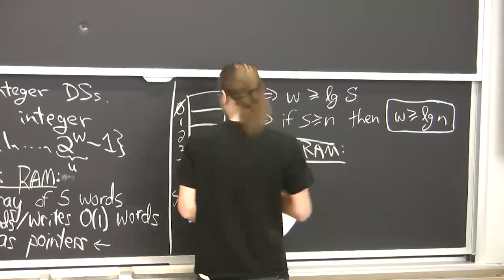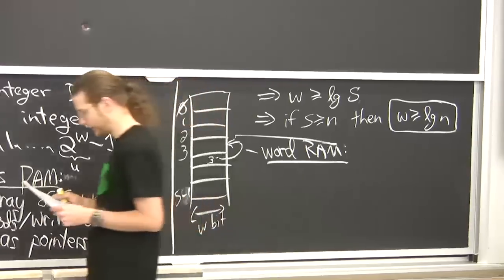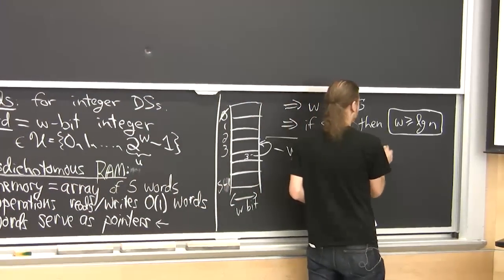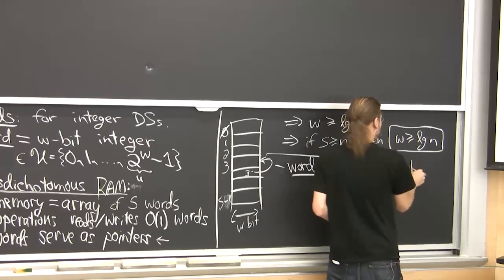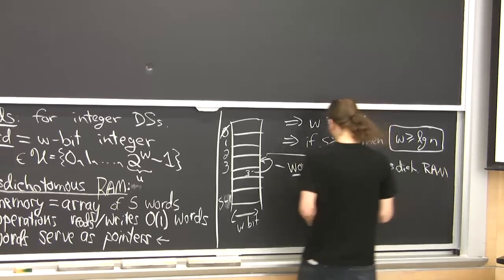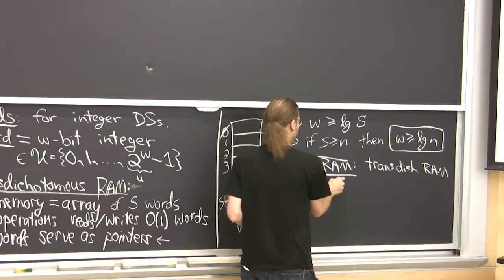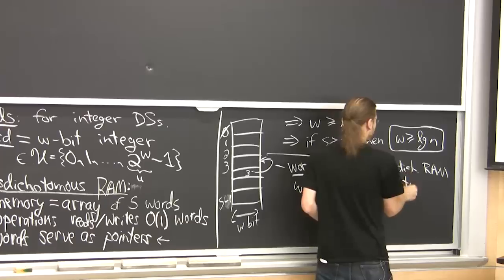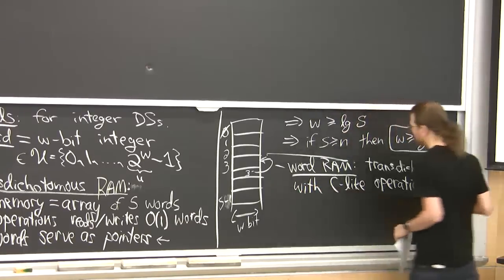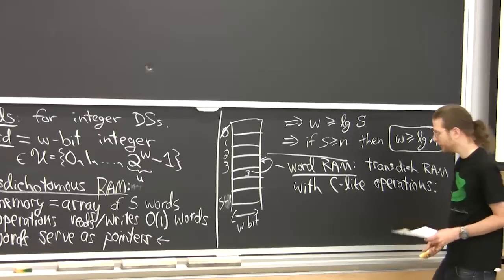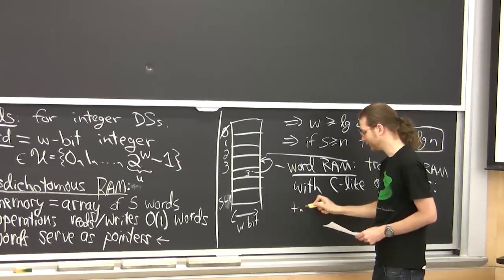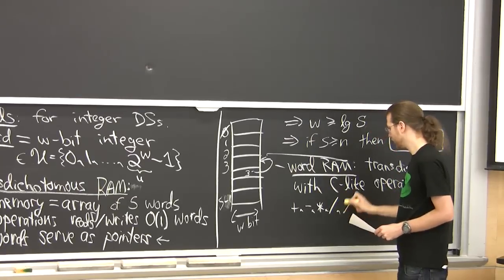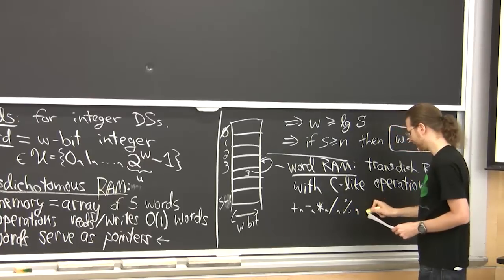That's the transdichotomous RAM, the end. And the word RAM is a specific version of the transdichotomous RAM, where you restrict the operations to C-like operations. These are sort of the standard. They're instructions on basically all computers, except a few RISC architectures that don't have multiplication and division, but everything else is on everything.